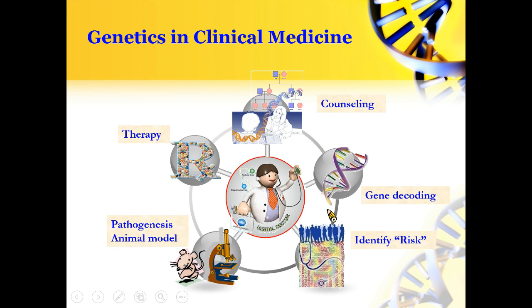For the application of genetics in clinical medicine, there are several aspects including genetic decoding and genetic counseling, identification of risk factors, investigation of pathogenic mechanisms, establishing the animal models, and the development of therapeutic targets.